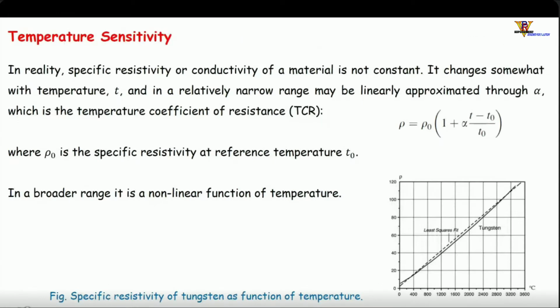Correct. Now, in real sense, the specific resistivity or conductivity of a material is not constant. Practically, it's not true; theoretically, it may be. It changes with temperature T, and that change may approximately be linear if we look into a narrow range.